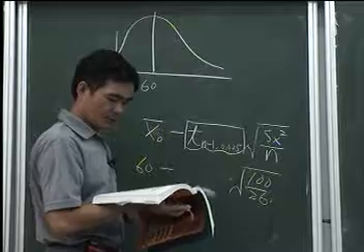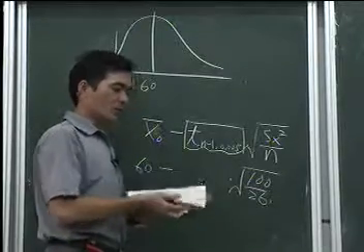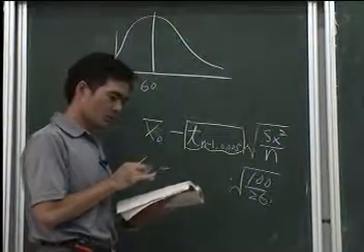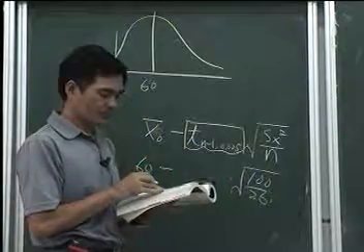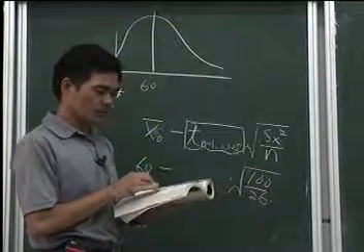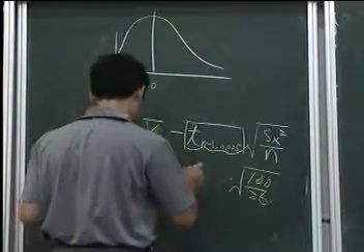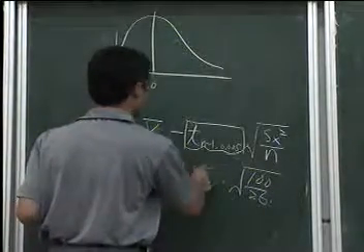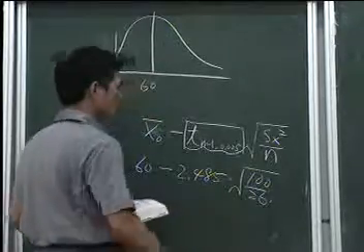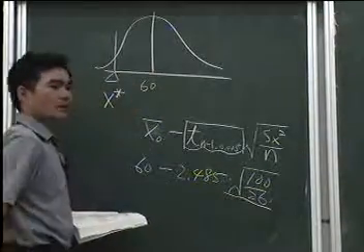The book shows you how to check the table. Look at page 353. So that's 2.485.